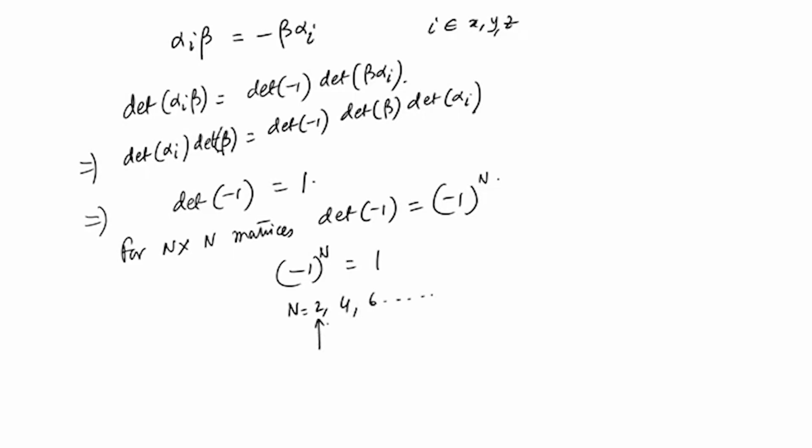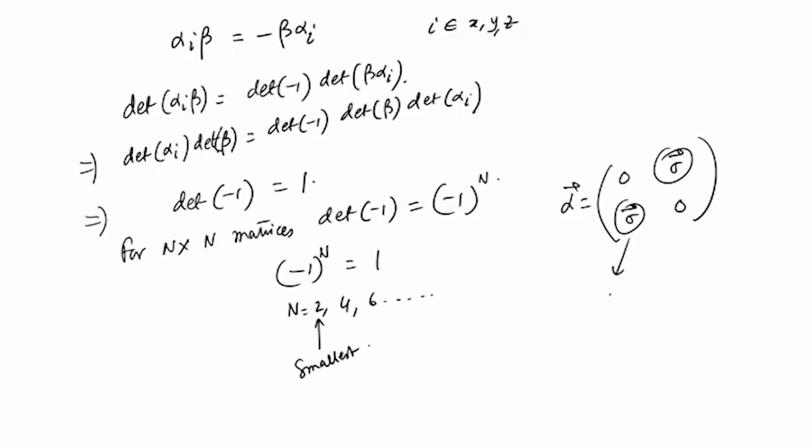So, the smallest one is n equal to 2. That tells us that these alpha matrices are really like these matrices that we have written earlier. So, these are 2 by 2 matrices, and similarly for beta as well. They should definitely have the same rank in order to follow all these anti-commutation relations.